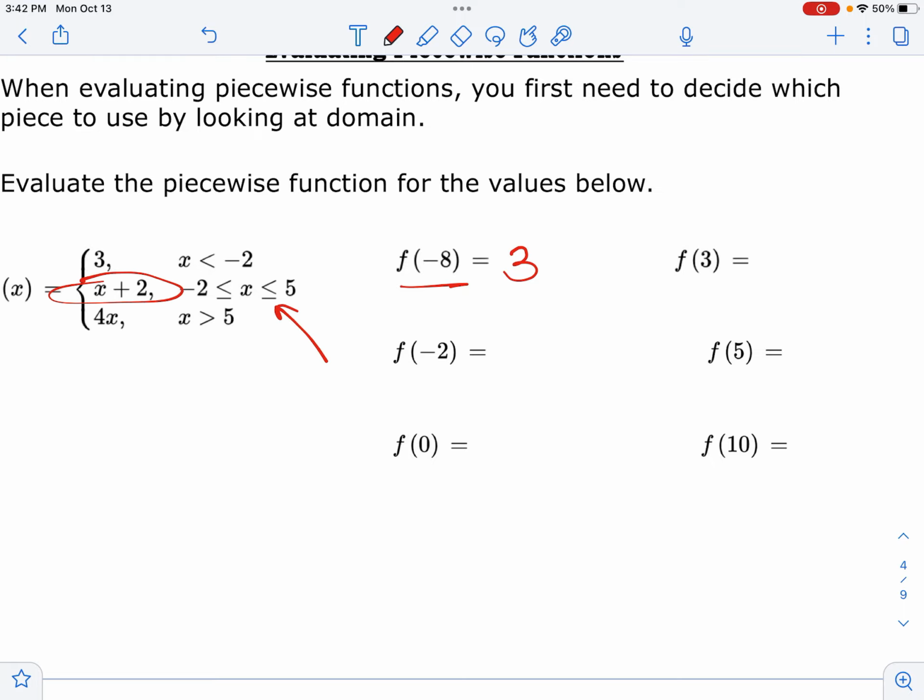So then it says I need to take my value for x, which is 3, and add 2. So x plus 2, my x is 3, so I'm going to say 3 plus 2, which would give me 5. So f of 3 is 5. So you're just plugging into the appropriate piece and doing whatever they tell you.